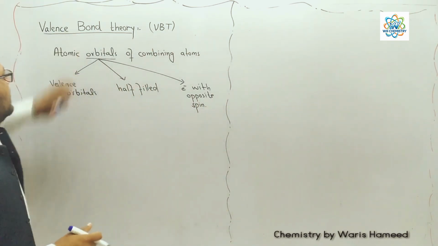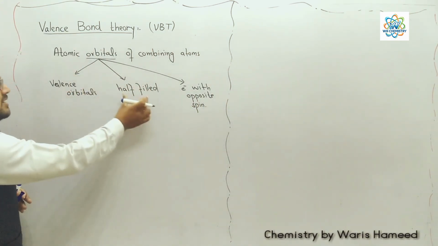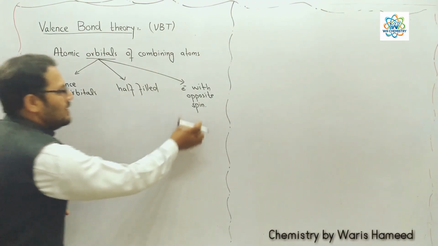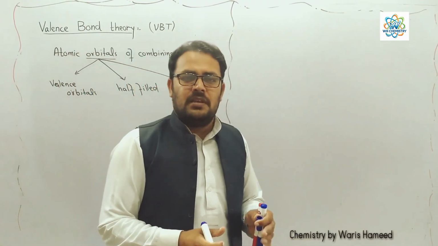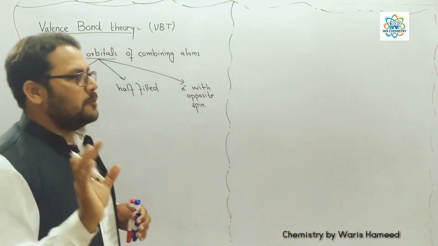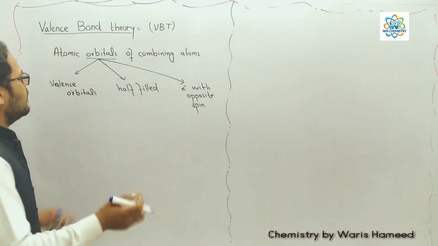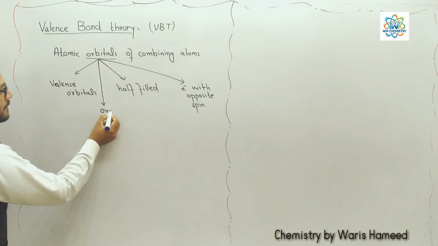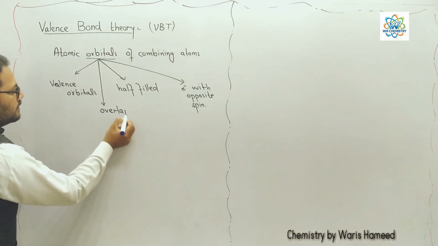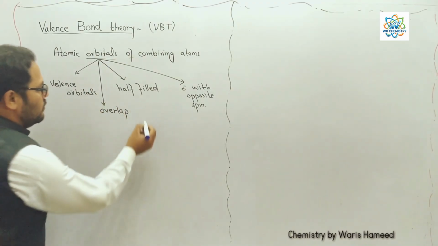According to VBT, when atomic orbitals are half filled and these electrons have opposite spins, they can make a covalent bond. These atomic orbitals will overlap to form a covalent bond.